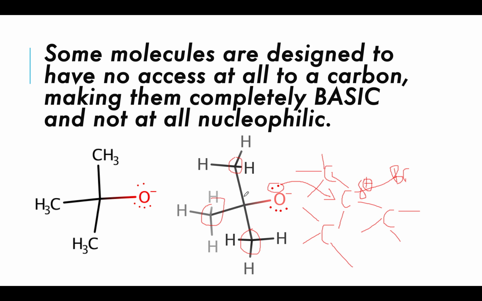It's tert-butoxide and a carbon right behind it, a quaternary carbon. It's so bulky, there's so much steric hindrance, so it can't fit. This cannot fit and bond with this carbon, and it would rather grab a nearby proton instead. So tert-butoxide is what we call a bulky base. And the thing about bulky bases is that we know that they will really just grab protons and they are not attracted to positive carbons almost at all.